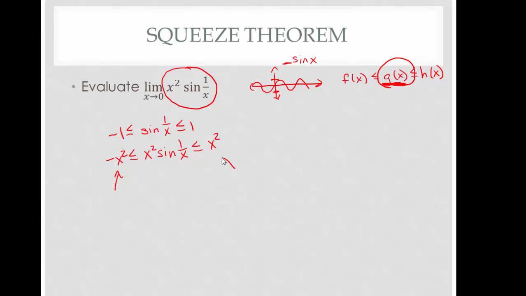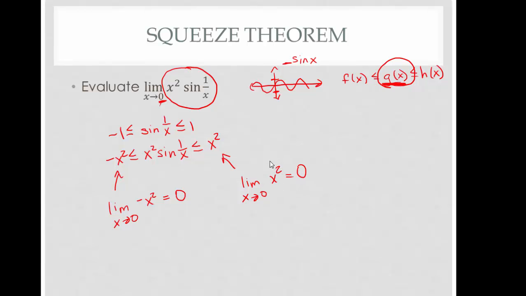The second requirement is that the two limits, the limits of the functions on the ends, the smallest and the largest, must be the same as x approaches a. Well, in our problem, a is 0. So we need to look, what is the limit as x approaches 0 of negative x squared? Well, that's a polynomial, so you get to directly substitute. It's 0. And what is the limit as x approaches 0 of x squared?